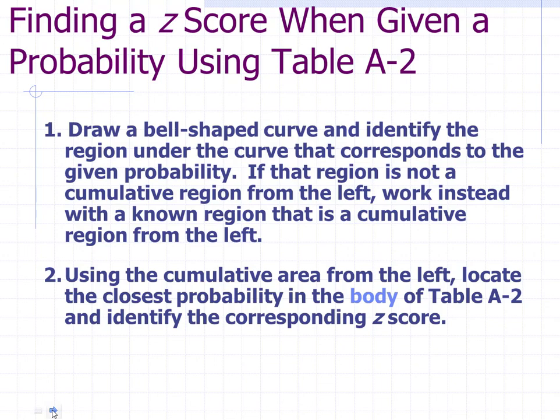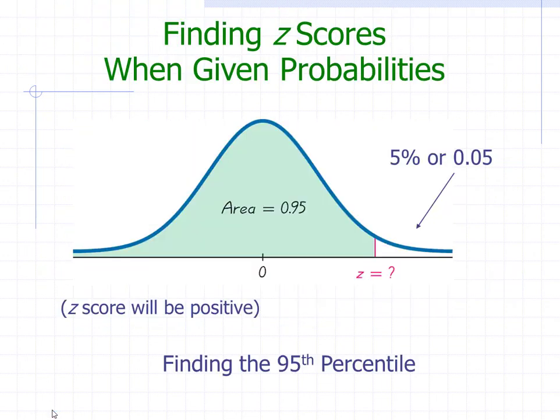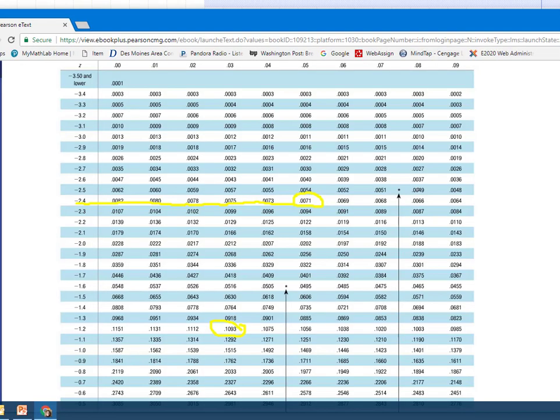Remember, the areas are in the body of the table. So if we want to find the 95th percentile, then we know 95% of the scores are below that. So what we're going to do is we're going to go to the table, but I need to have the positive.